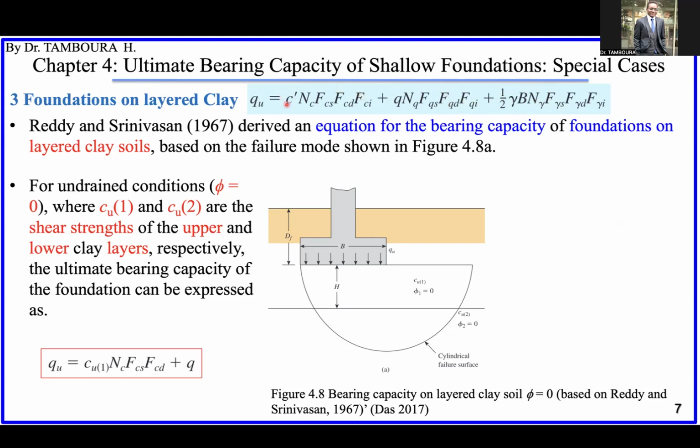We will focus only on this term, including c. Similarly, if you are dealing with sand, for example, it will also simplify the equation. I think you should know that by now. So this should be 0, and these are just 1. That brings us to consider only this q term.